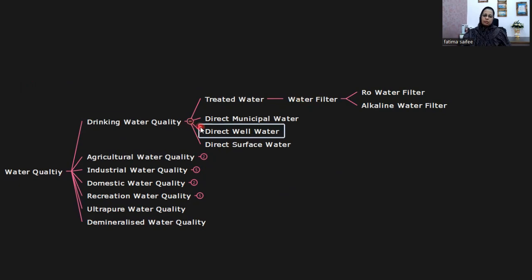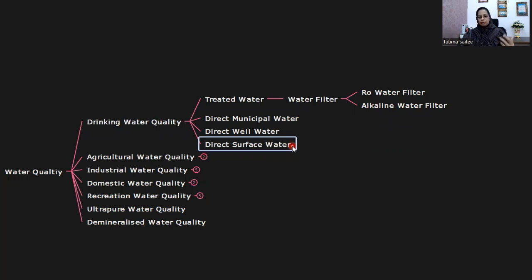An RO water filter may have an alkaline water filter attached to get better water quality. And water coming directly from the municipal supply, we can say, is drinking water quality. Many people use municipal water directly, without filtering, and drink it directly. Some have well water and drink it directly. Some also use surface water directly. Maybe sometimes water comes from a waterfall, or there is spring water, which we can use directly because it is good water quality.